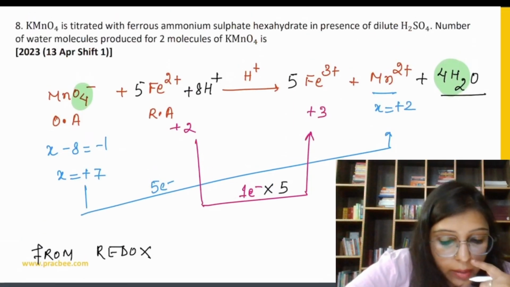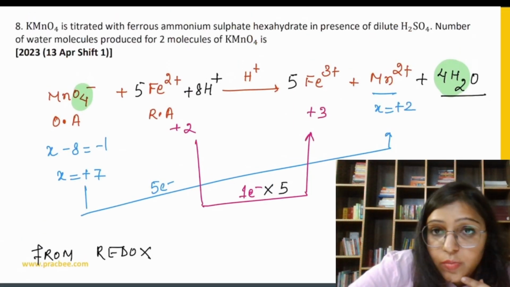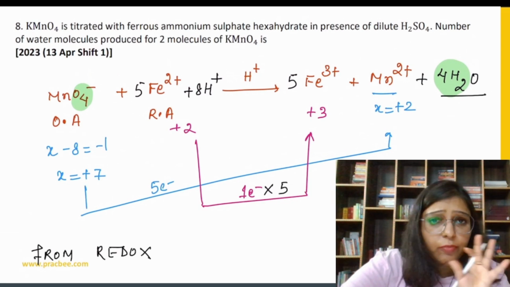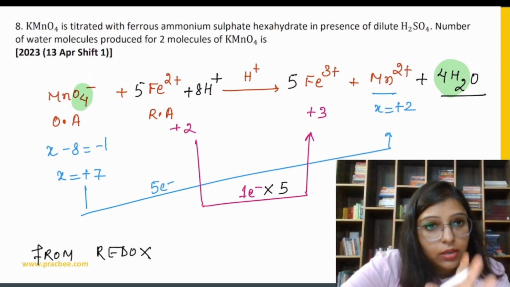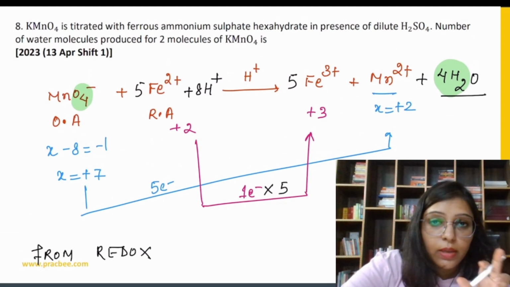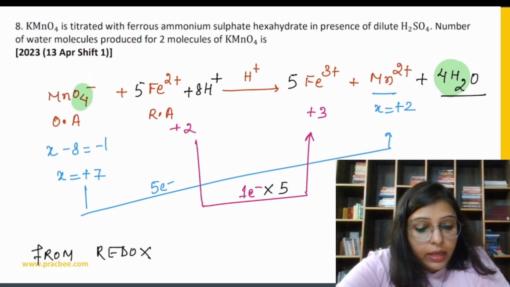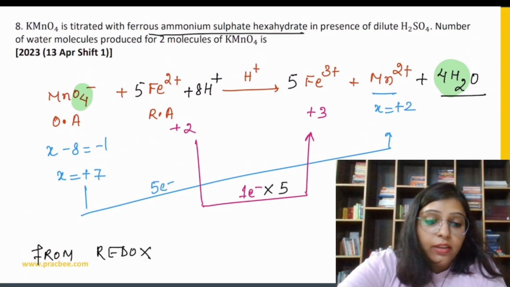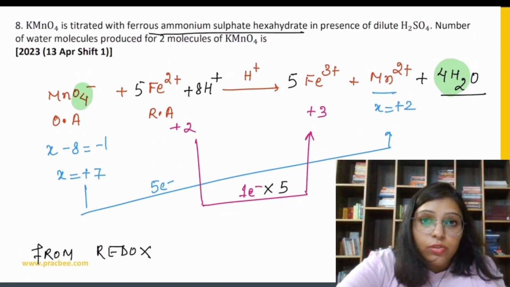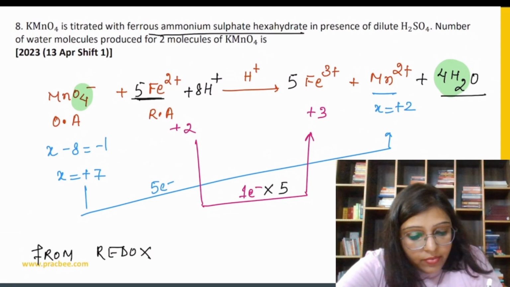The question says: number of water molecules produced for 2 molecules of KMnO4 is... For the redox reaction, 8 water molecules are going to be produced. But in this we have ferrous ammonium sulfate hexahydrate. So see, this is 5 Fe2 plus.